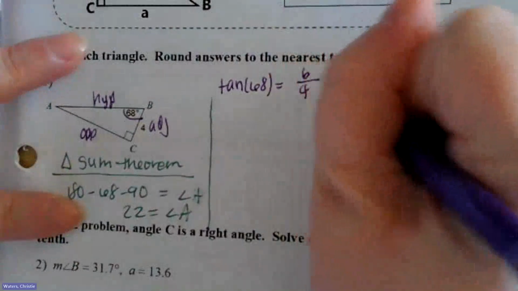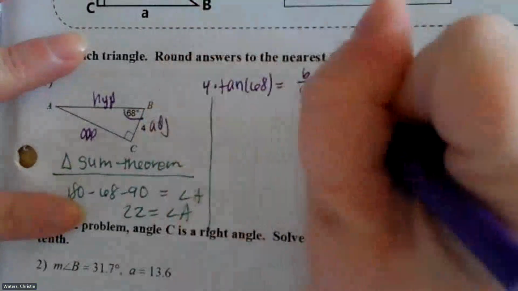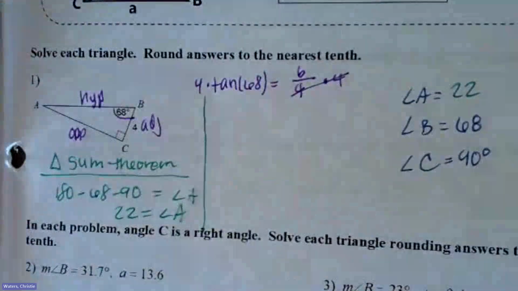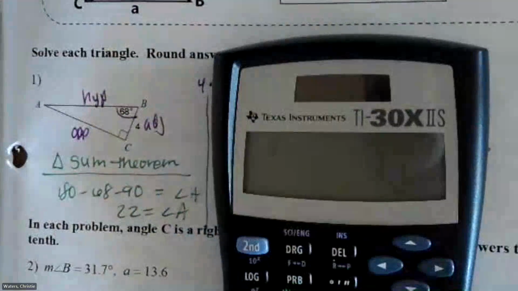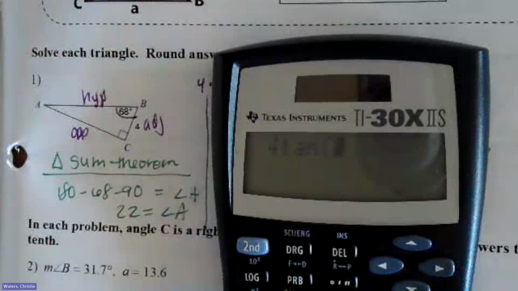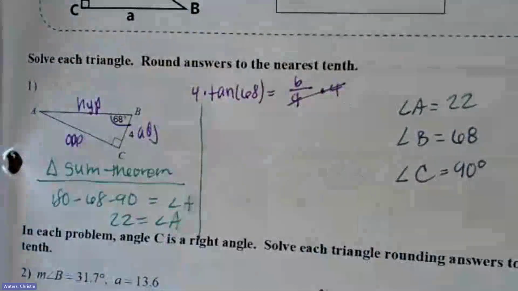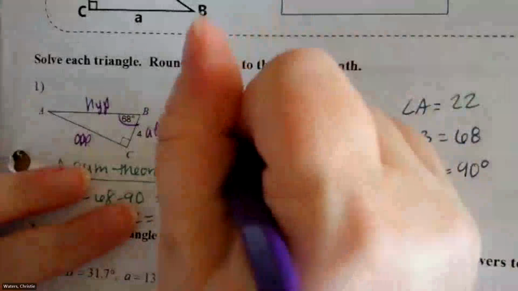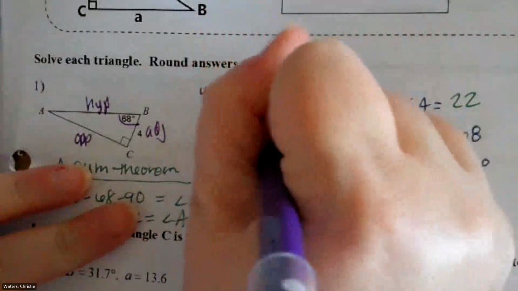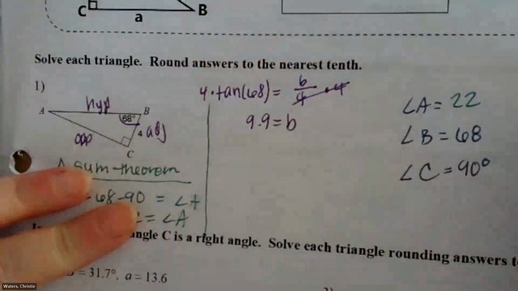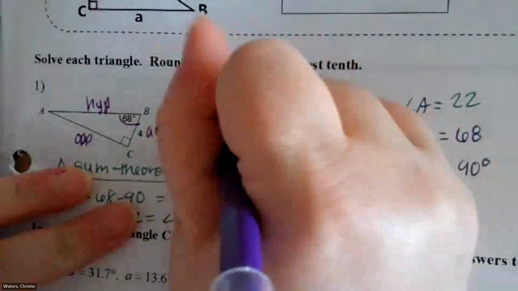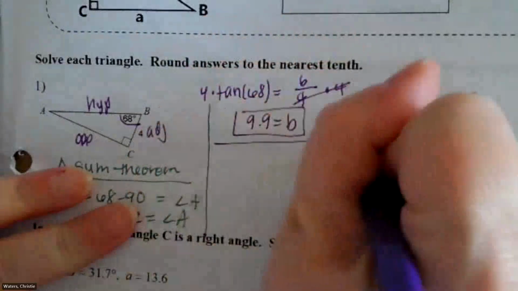So I can just multiply both sides by 4. That cancels off. 4 times the tangent of 68 is 9.9. There we go.